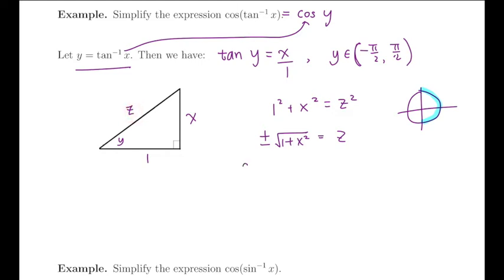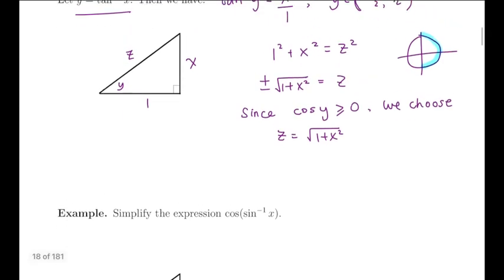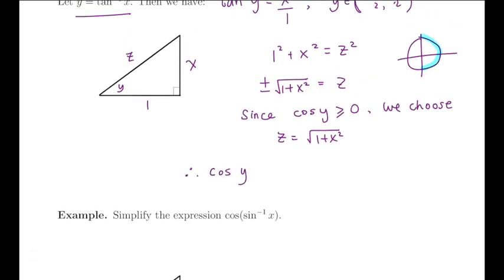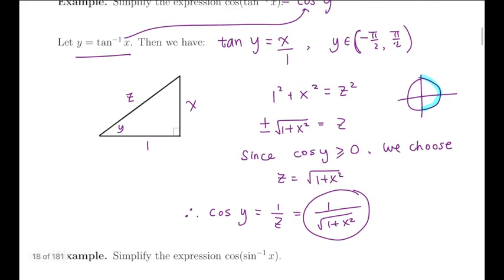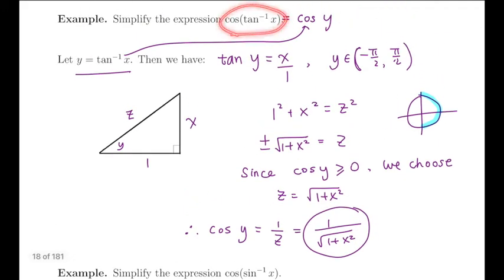So let's write something like, since cosine has to be positive or 0, so greater than or equal to 0, we choose z is also positive. Z is root of 1 plus x squared. And so finally, cosine y is, again, adjacent over hypotenuse, 1 over z, which is 1 over root 1 plus x squared. And that is the same as cosine of arctan x.